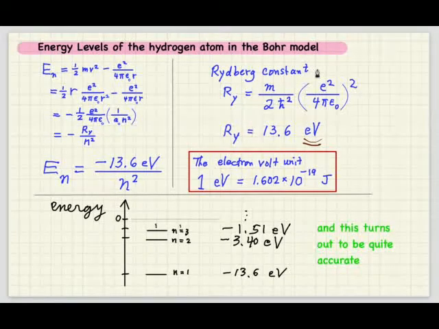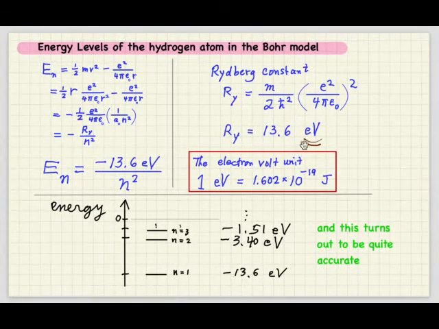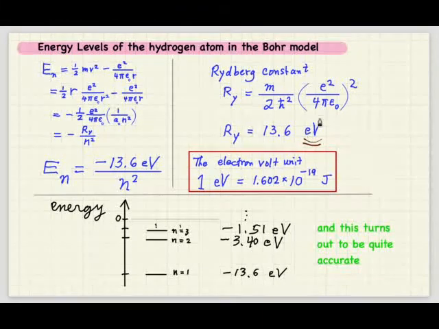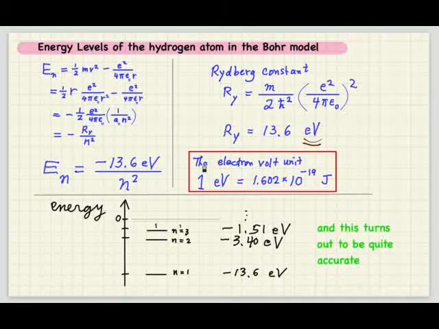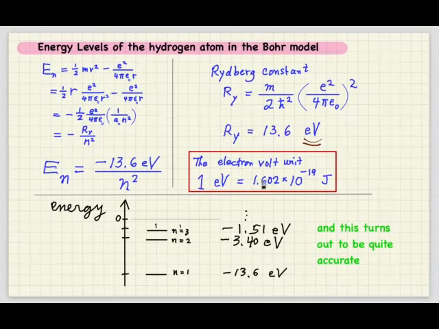So it makes more sense to use a unit which is the right order of magnitude. So instead of using joules, we'll use electron volts. The electron volt is 1.602 times 10 to the minus 19 joules. It's just 1 electron charge times 1 volt.